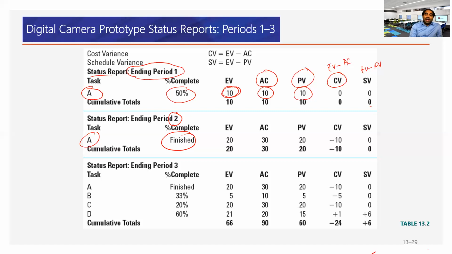And when A is finished, when we add up all the cost accounts, we can see that the actual cost of finishing A is 30,000. So what is the earned value of A? If it is 100% complete, 100% times PV of A.